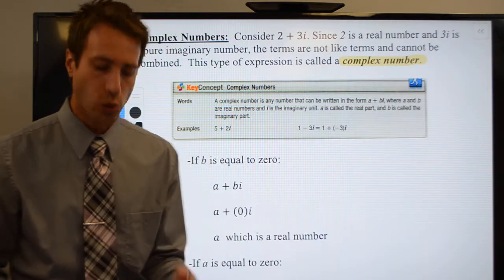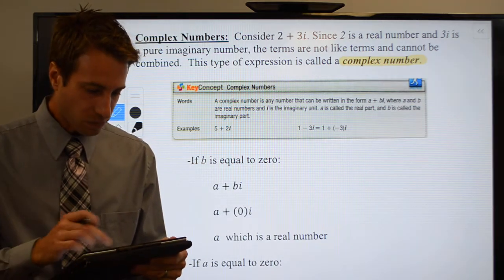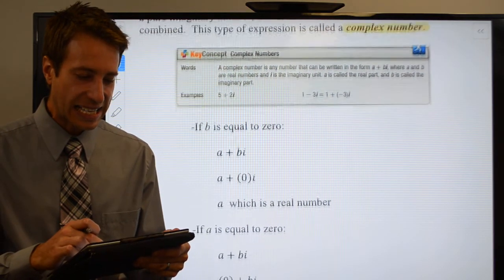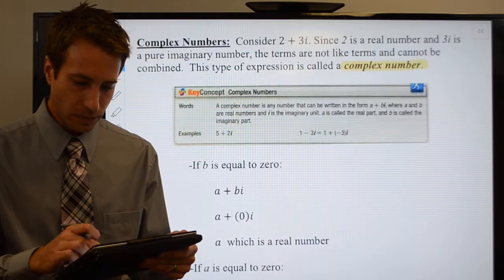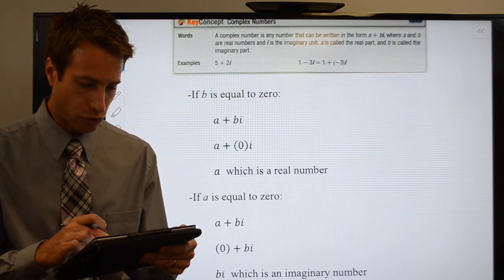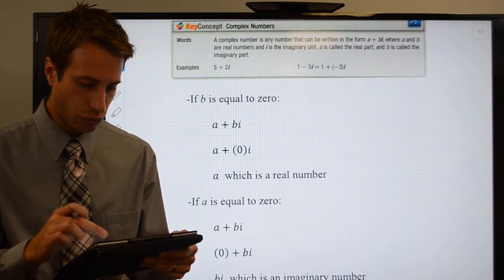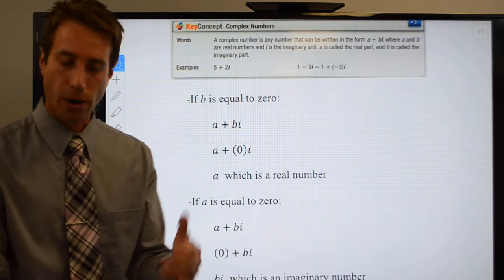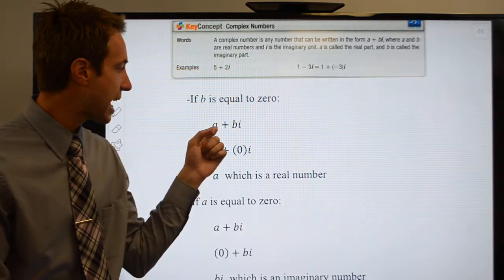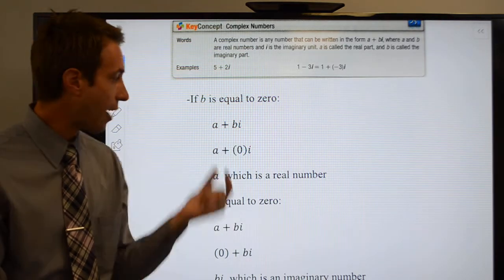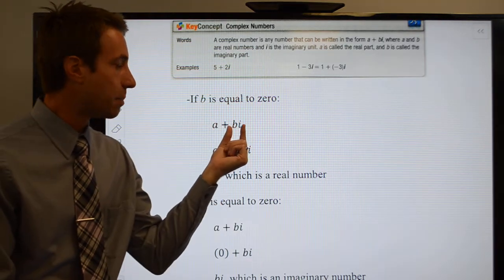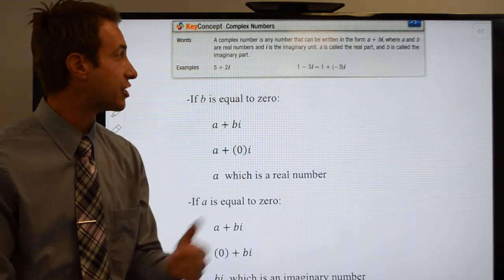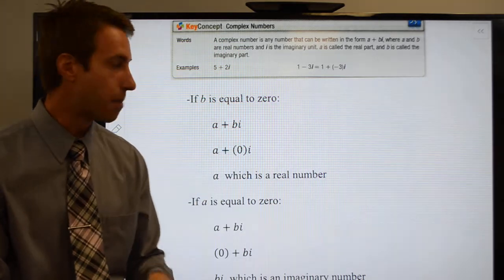And here's the way it's going to work. Anytime, right here, the general form for a complex number is a plus bi, where a is the real number and bi is the imaginary part of the number.